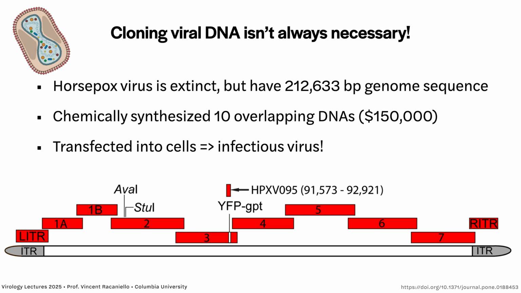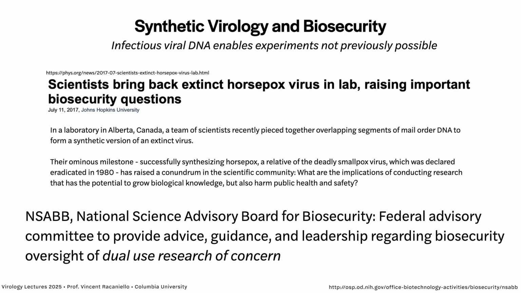They took these 10 DNAs and threw them into cells, and out came horsepox virus. They recombined very efficiently and made virus. And they had some markers inserted into these DNAs, restriction sites and yellow fluorescent protein, to show that it was synthetic virus. So this experiment and the flu experiment got people very upset.